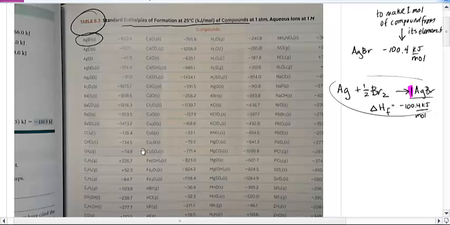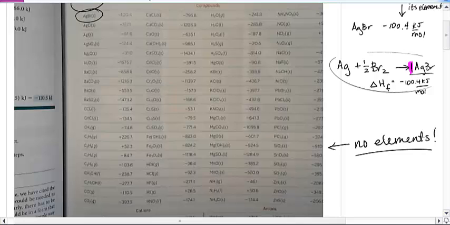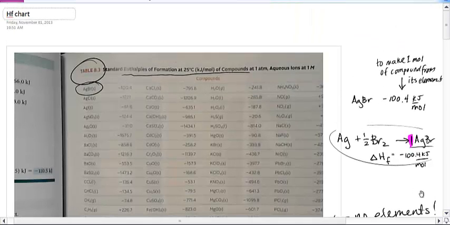So another way that we can do this is we could use this heat of formation table to figure it out. Now, one thing I want you to notice is that nowhere on this table are there any elements. Take a look. They're all compounds. If I go back to what the definition for delta H of formation is, it's to make 1 mole of a compound. So it has to be a compound.